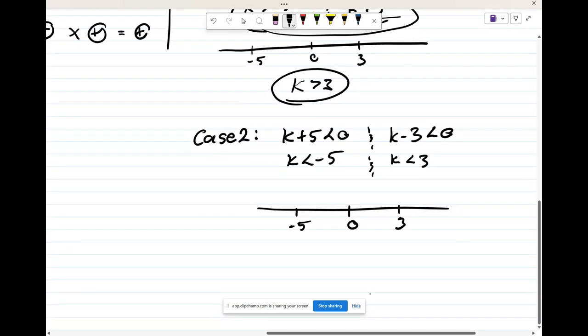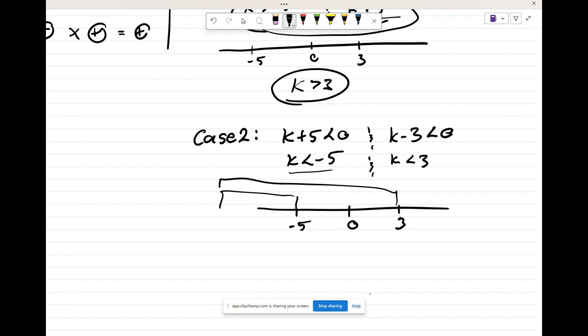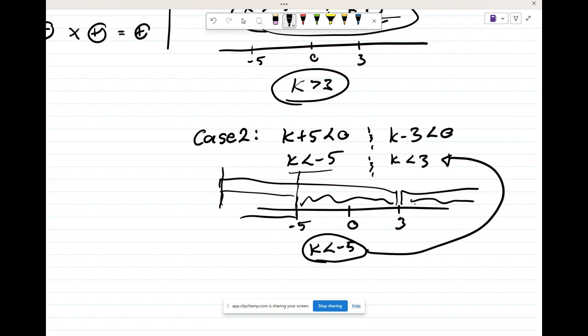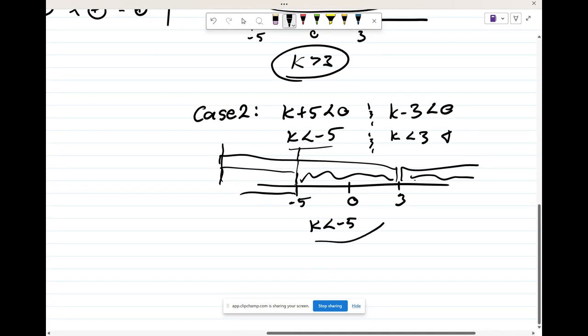If we want to be less than -5, so everything down here, and less than 3, everything down here. So this is off limits. Everything in here is off limits. Where they overlap, that's where we want. So that's where k is less than -5. So that is the same as writing this. So this is the one we're going to take.